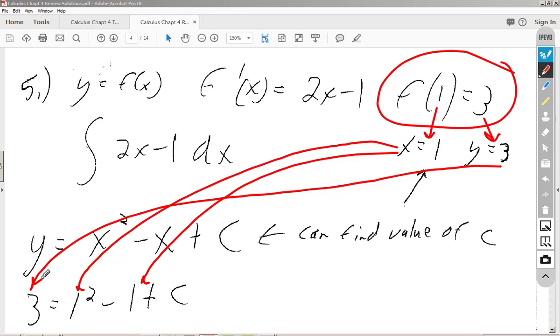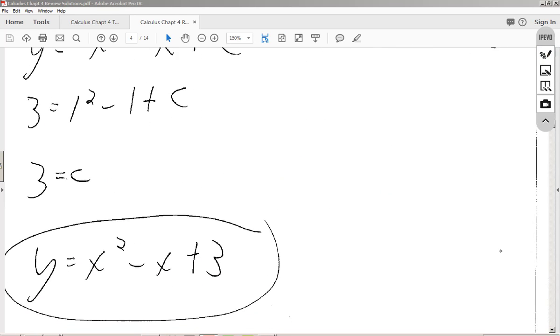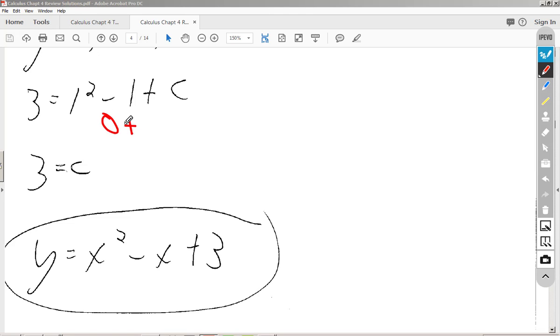And then I can go ahead and solve that to find my value of c. So solving this equation, I know the 1 squared is going to be 1. 1 minus 1 is going to be 0. So that's 0 plus c equals 3. So now I get c equals 3. So the equation that it came from was y equals x squared minus x plus 3.